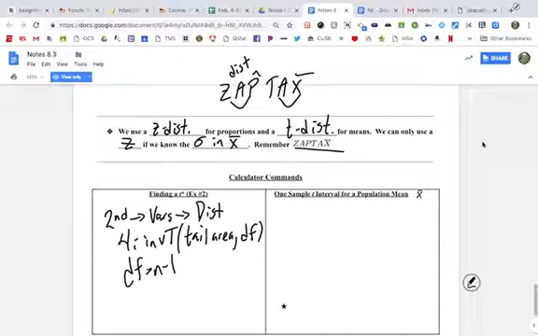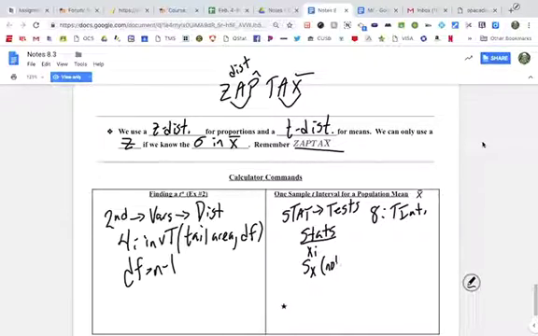How do I do a one sample T interval on a calculator? You're going to go to Stat, Test, and you're going to push 8 for T interval. Okay? Then, under that, it's going to ask you for some statistics. What is your x bar? What is your sample standard deviation? Not your standard error.